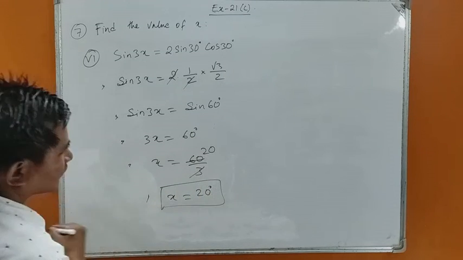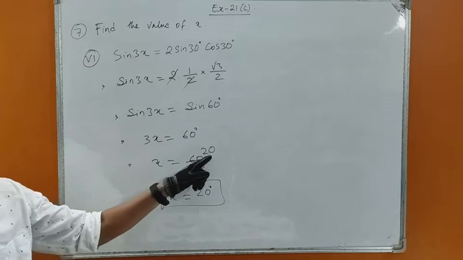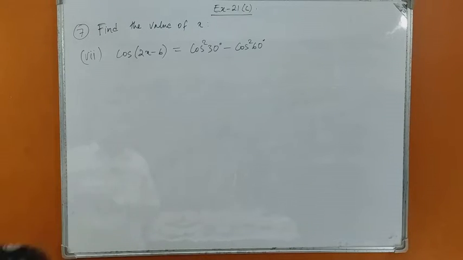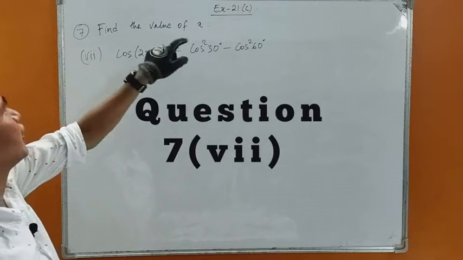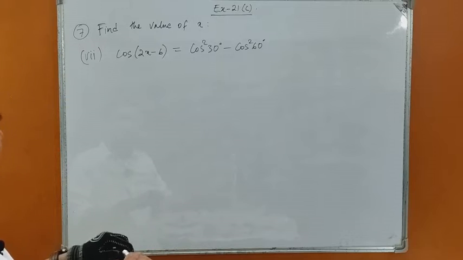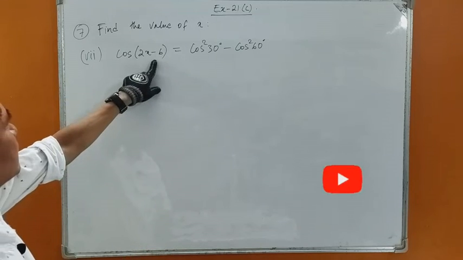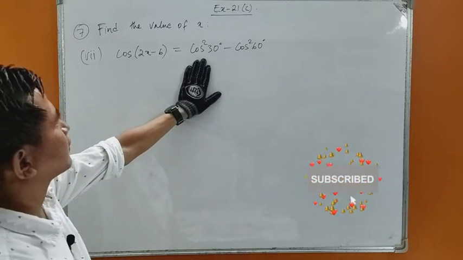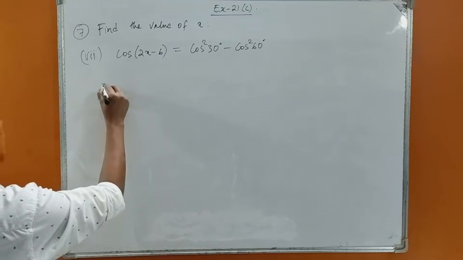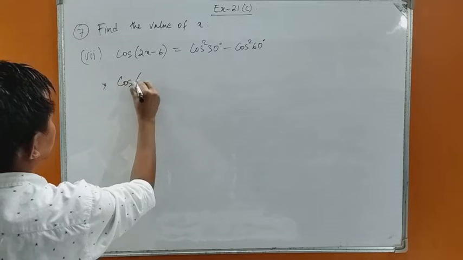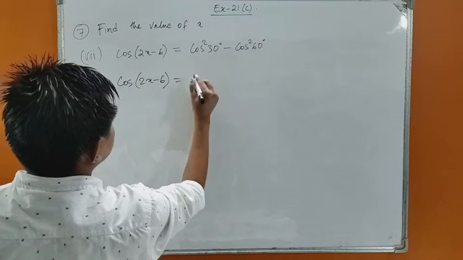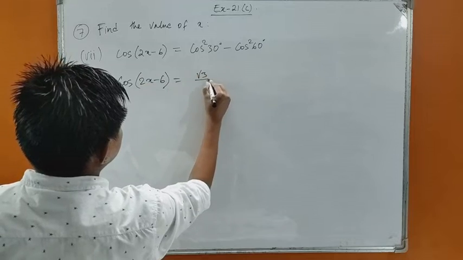Okay, I hope you got this. 3 2s are 6, 3 0s are 0, x equals 20 degrees. Question 7 of 7, find the value of x. We are asked to find the value of x from this equation. So we have cos 2x minus 6 on the left hand side, and on the right hand side we have cos square 30 minus cos square 60. So let's do this. Cos 2x minus 6 equals, cos 30 means root 3 by 2, isn't it?